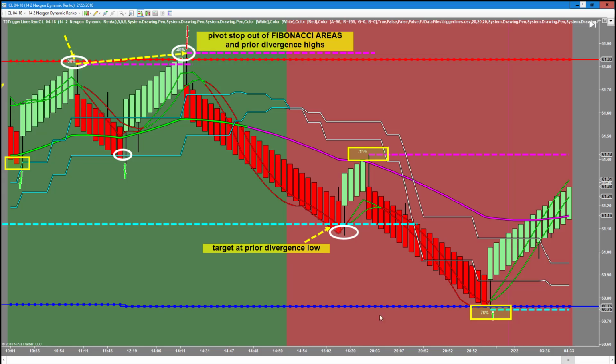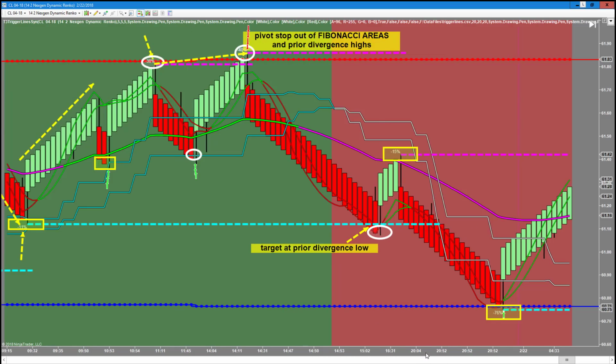So again, you'll start to really work through the process of seeing where your triggers are relative to the other triggers, right? Small versus the synthetics. Then when you reach Fibonacci areas, you'll start to recognize the trigger lines didn't break through the fibs and we have divergence. Then you'll recognize pivot stop outs at the edges at Fibonacci resistance for the first attempt to go the other way.